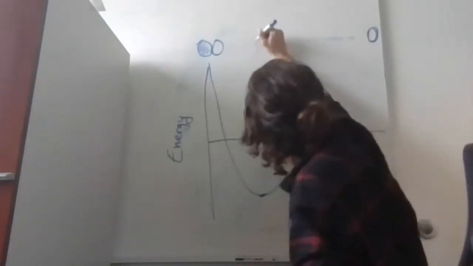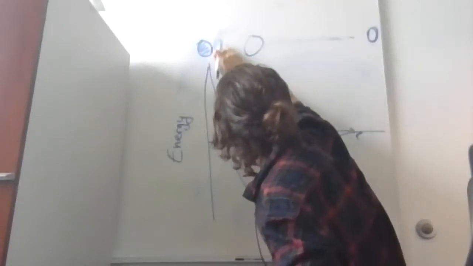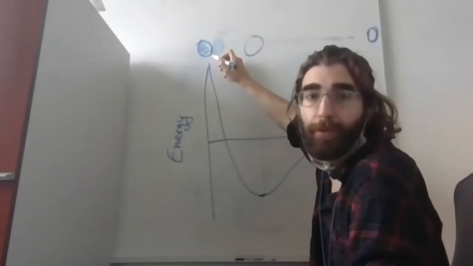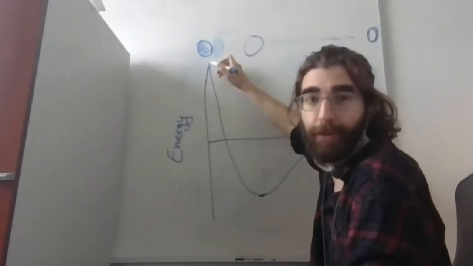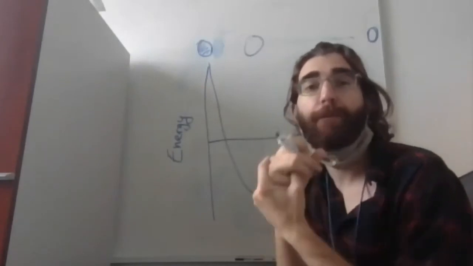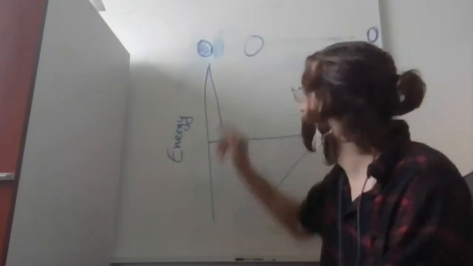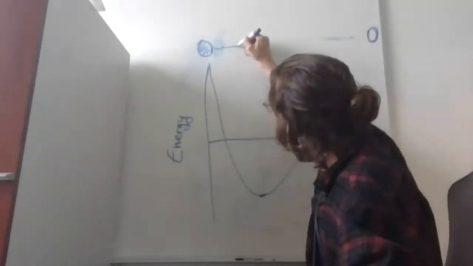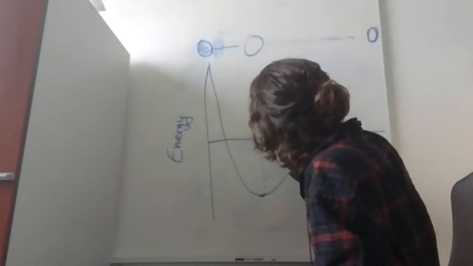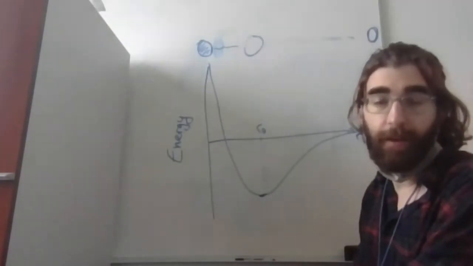At this point, the atoms are close enough that there's an attractive force keeping them together, but far enough apart that they're not stepping on each other's toes, so to speak. And what happens is we get a bond.